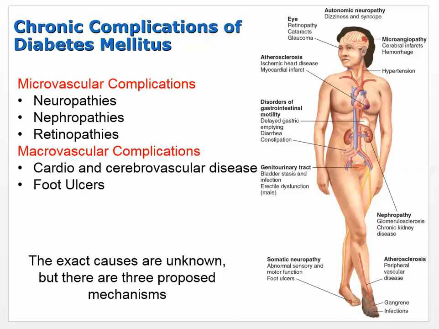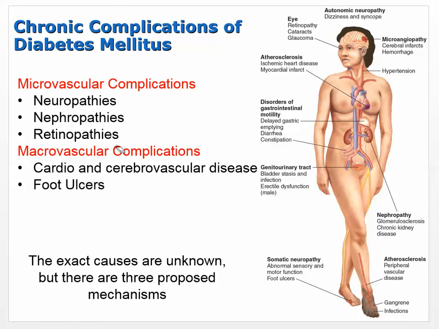Other complications, and these are big, because this is one of the reasons why diabetes is so bad: it causes vascular complications. Microvascular means little tiny vessels. Macrovascular means larger, like arteries, arterioles.